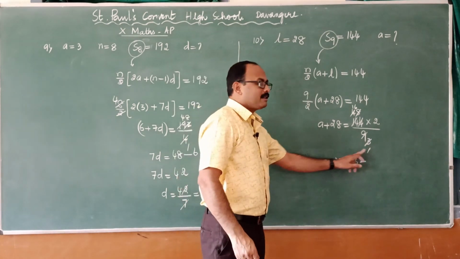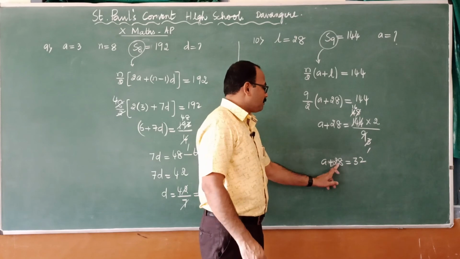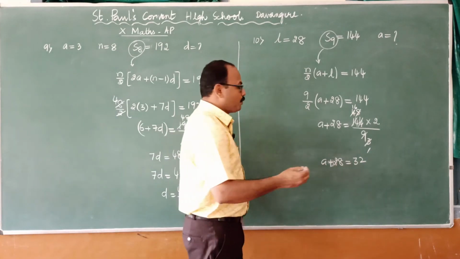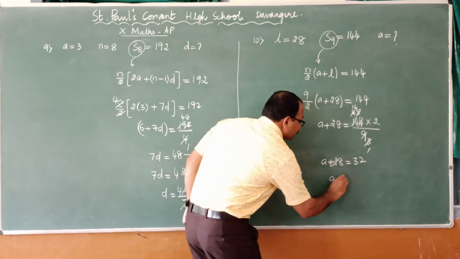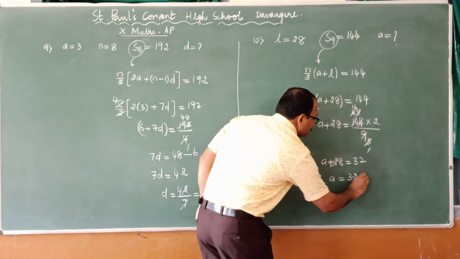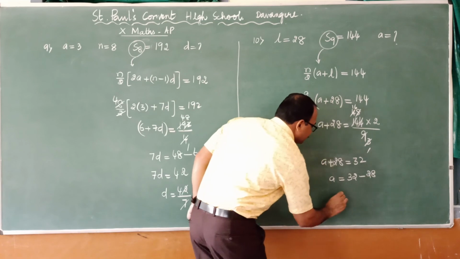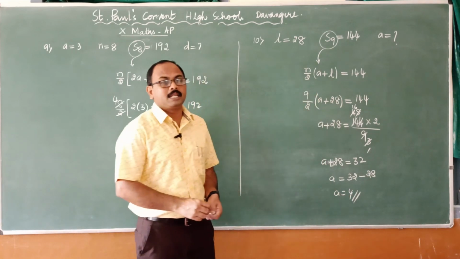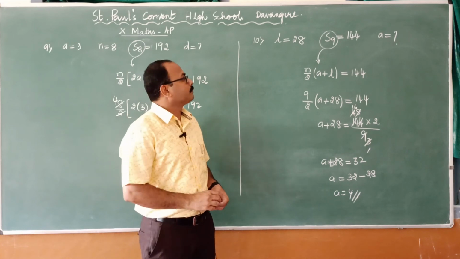On transposing, this plus 28 becomes minus 28, children. a will be equal to 32 minus 28. a will be equal to 4.